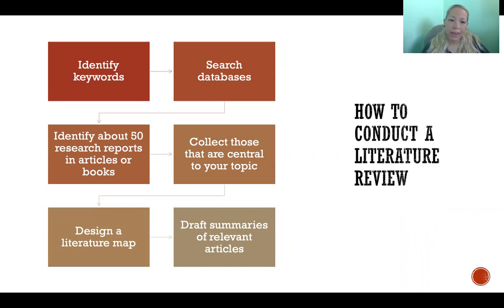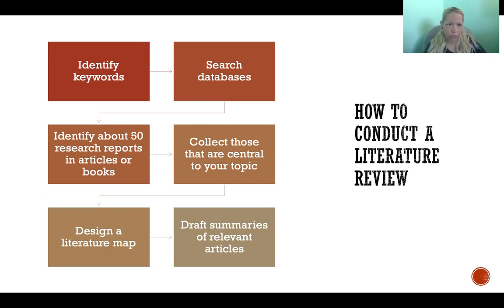You can also get help in identifying your keywords by looking at other papers, so other research studies or your textbooks, especially if it's an area of research where there are very specific words that are commonly used in the study of that topic.